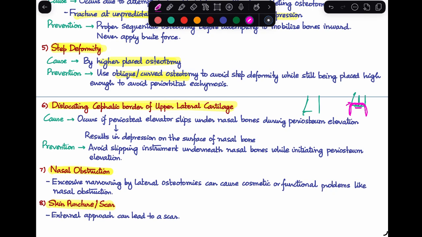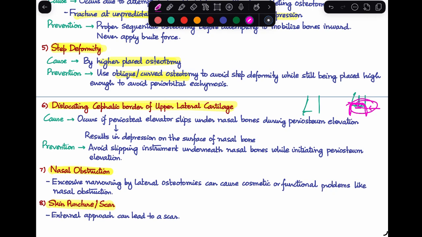So if, while you're using your periosteal elevator, it slips under the nasal bones, it can end up dislocating the cephalic border of the upper lateral cartilage, and this will cause a depression in the surface of the nasal bone. The way to prevent this is to avoid slipping of the instrument underneath the nasal bone when performing the step of periosteum elevation.